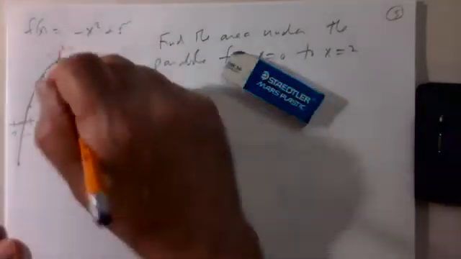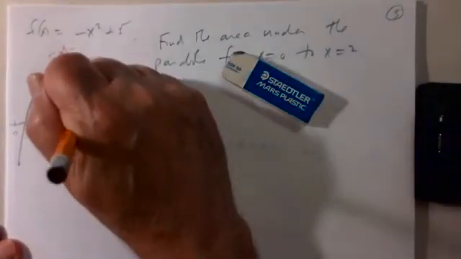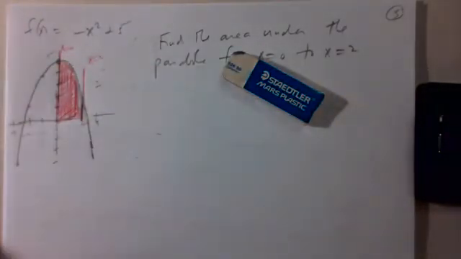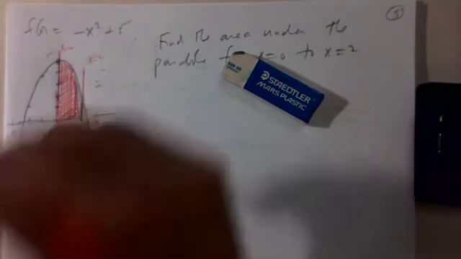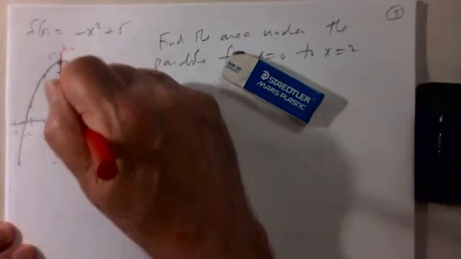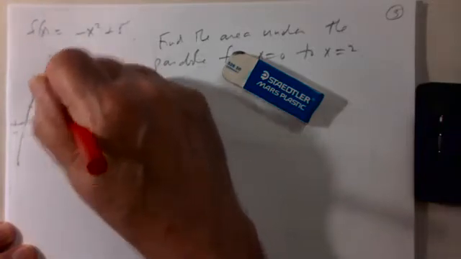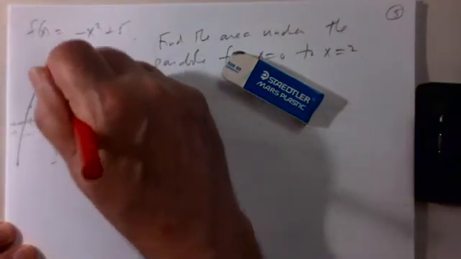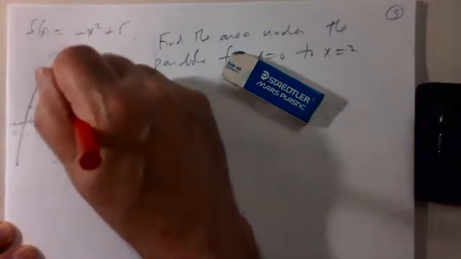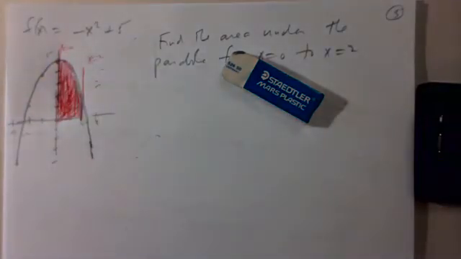So our parabola comes down like that. And we want all this part. So that's a hard problem.